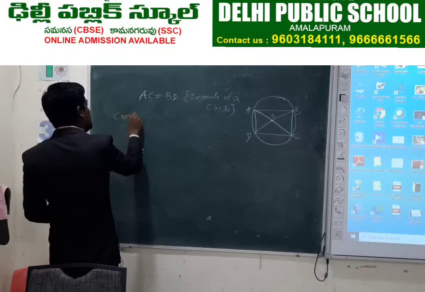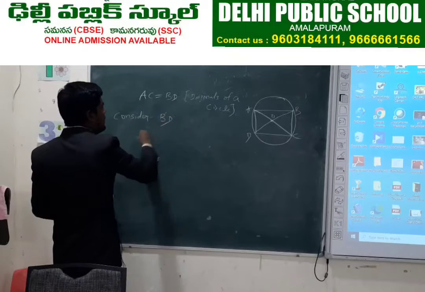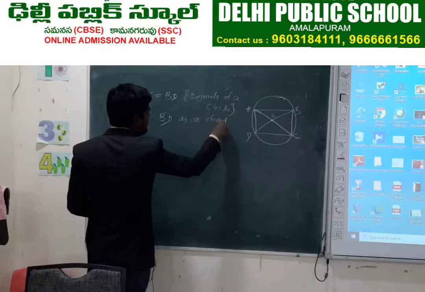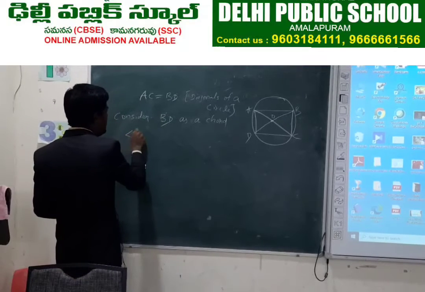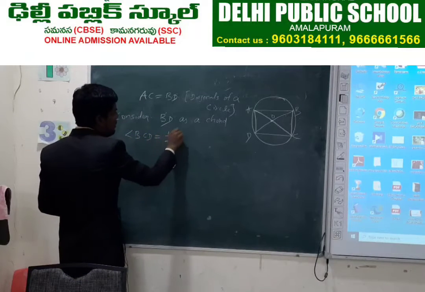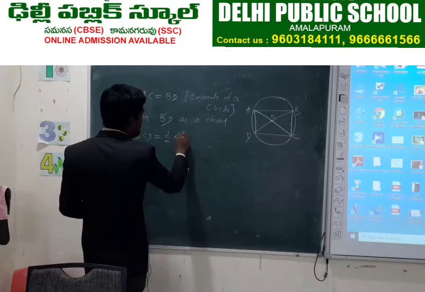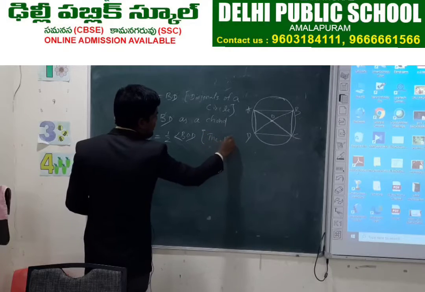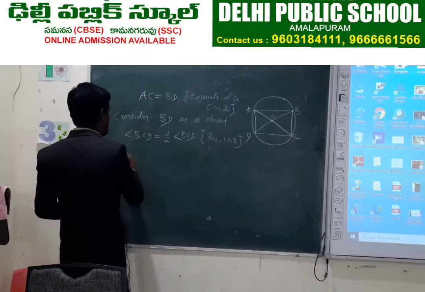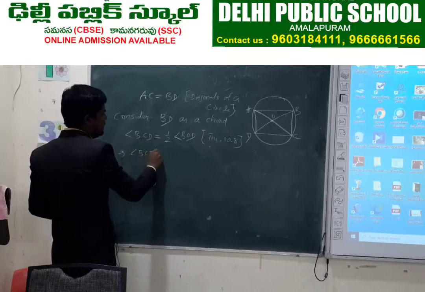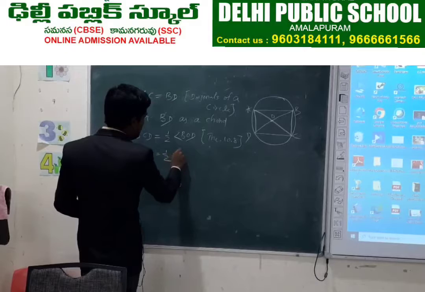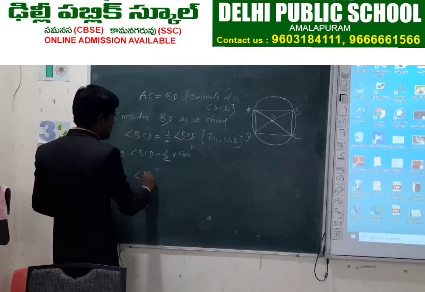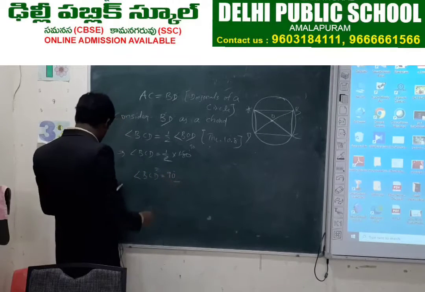Consider BD as a chord, so angle BCD is equal to half of angle BOD, from theorem 10.8. So angle BCD is equal to half of BOD, which is 180 degrees. So BCD is equal to 90 degrees.